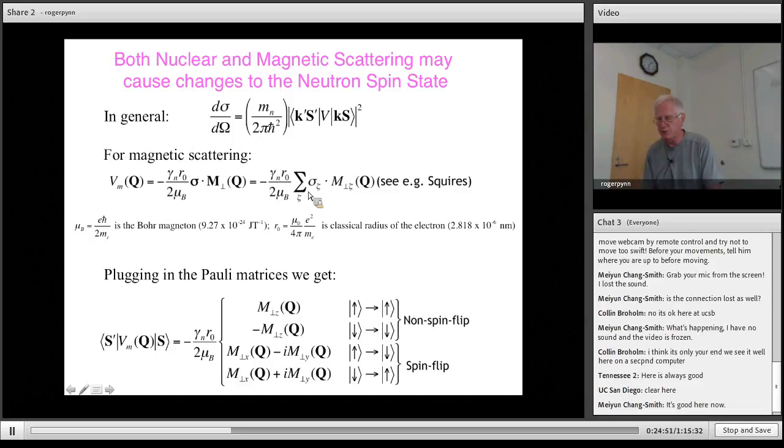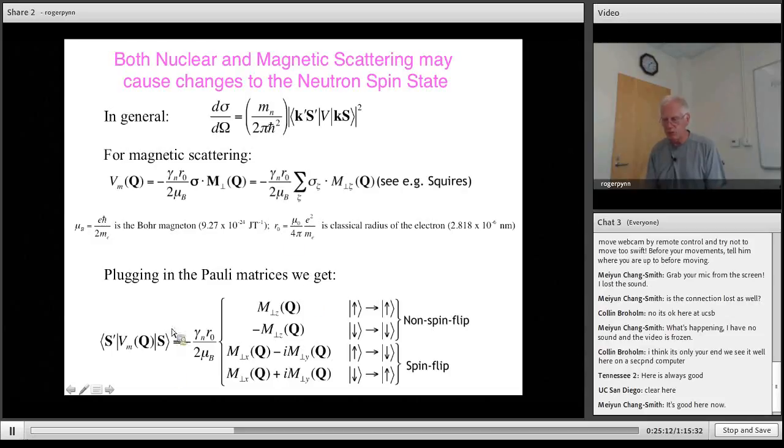So I can write this simply in component form here, where this C here can either be an X, a Y, or a Z, and I sum over each one of these things to produce the total magnetic interaction potential between the neutron and the sample.